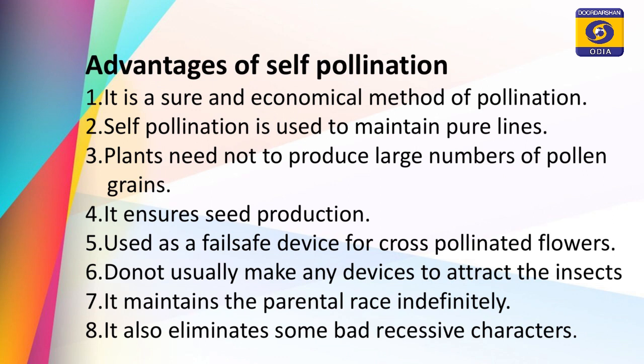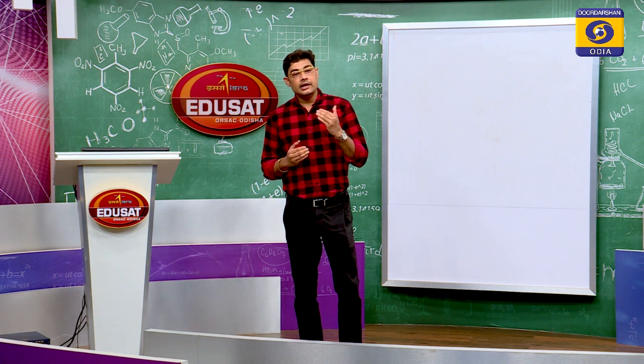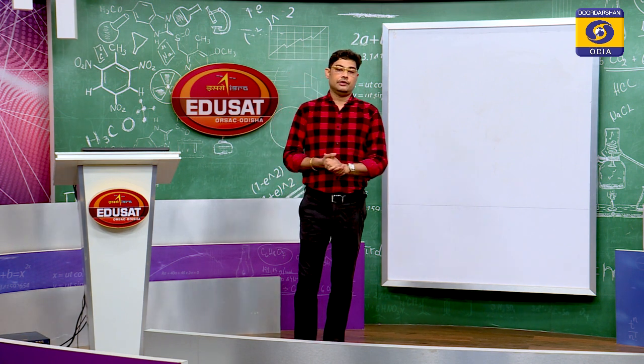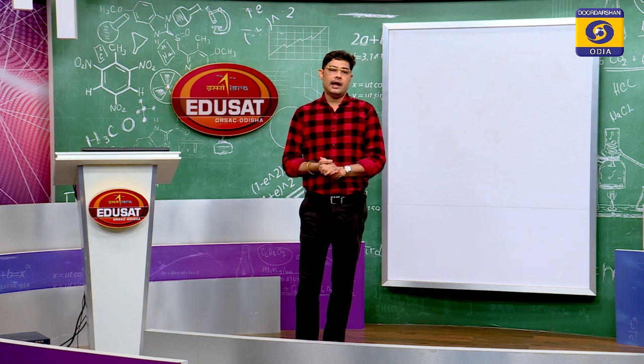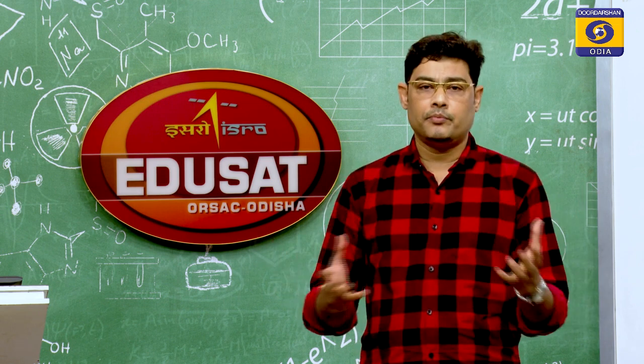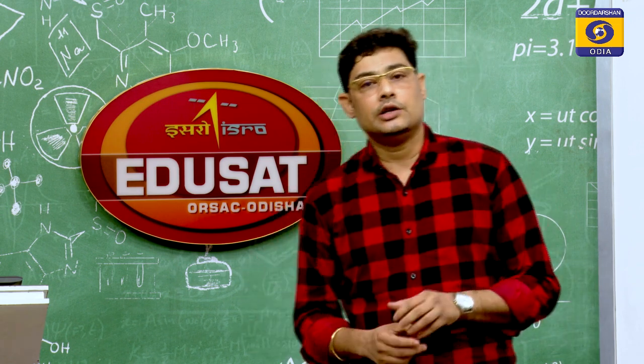It ensures seed production. In cross pollination, the plant cannot ensure seed production, whereas in self pollination the plant ensures seed production. Self pollination maintains the homozygosity condition, the pure line condition, and self pollinated plants need not produce a large number of pollen grains, as is seen in cross pollinated plants.